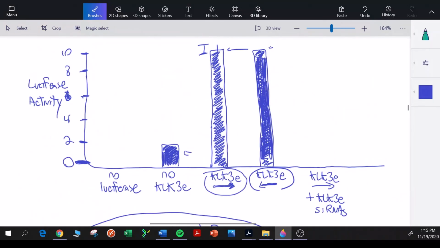So what they found, however, when they added siRNAs with the plasmid, and the siRNAs are complementary to the RNA made from the KLK3 enhancer, when they're complementary to that, we get much less transcription of the luciferase gene in the plasmid.